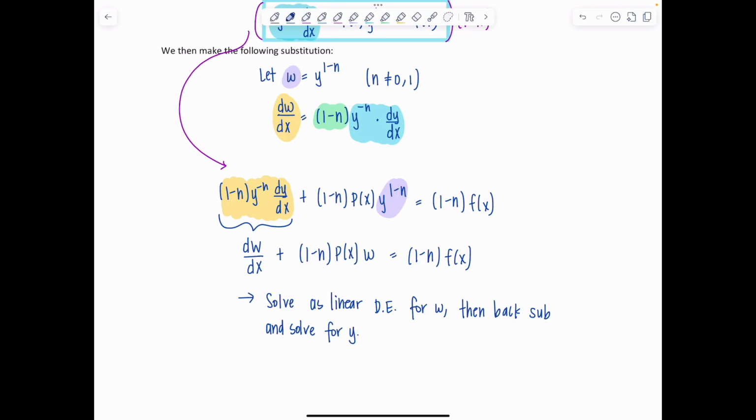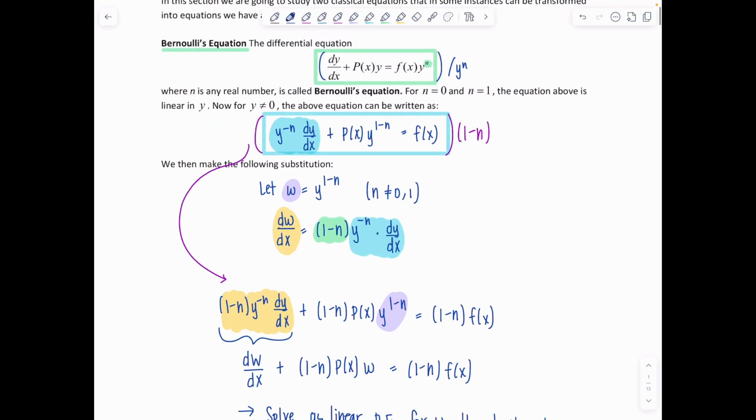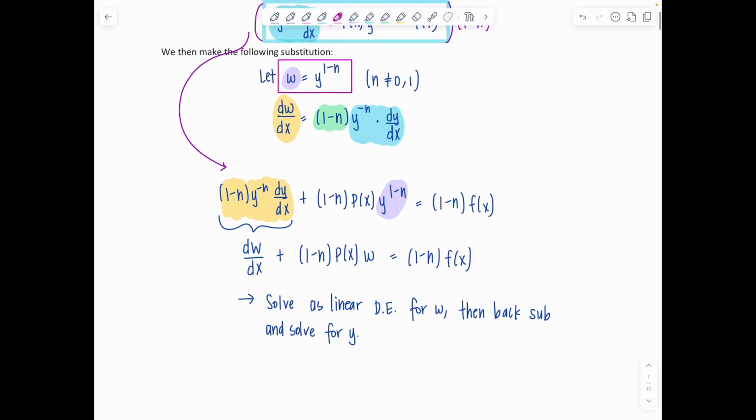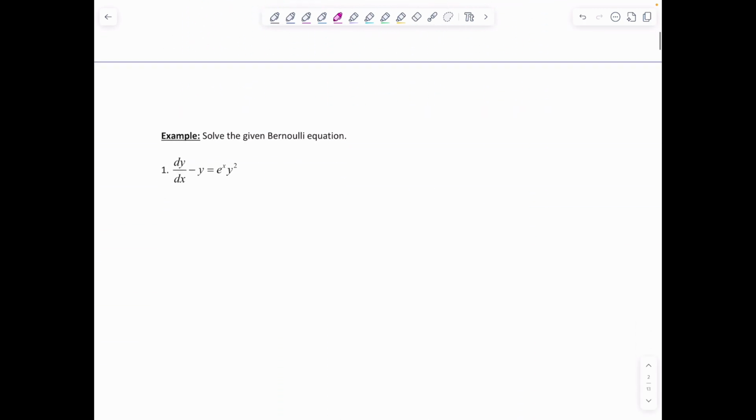And that's it. So basically the idea is you have to remember this is the substitution to make. Here's the key thing when you're solving Bernoulli differential equations, and our goal is to just make them linear. Then you solve for w, and then you back sub and solve for y. It's not bad. It's actually quite fun if you tell yourself it is.